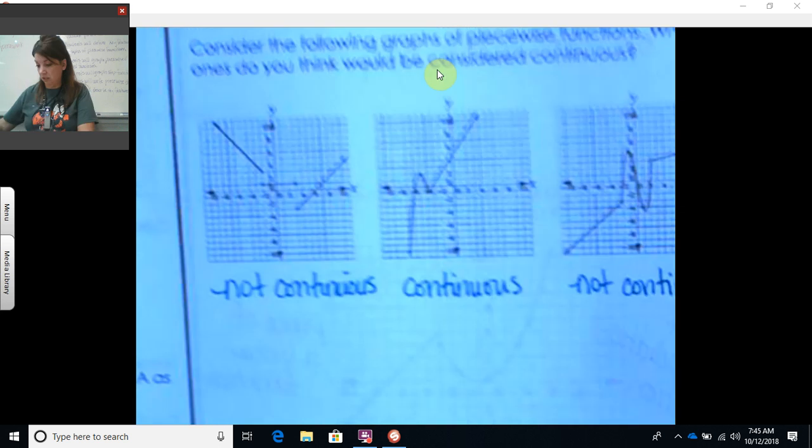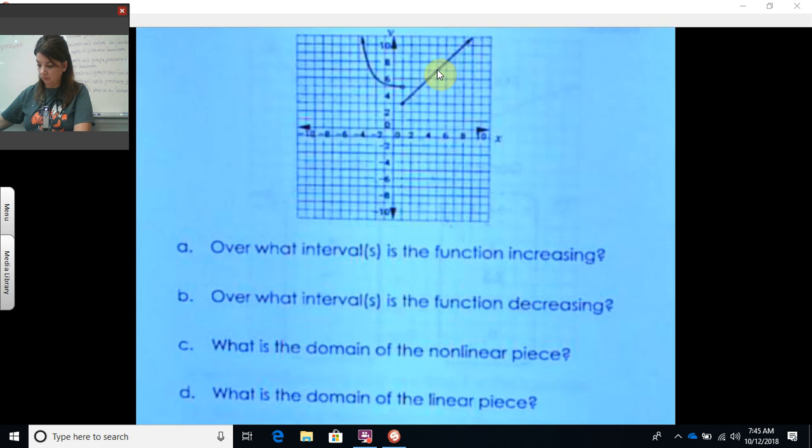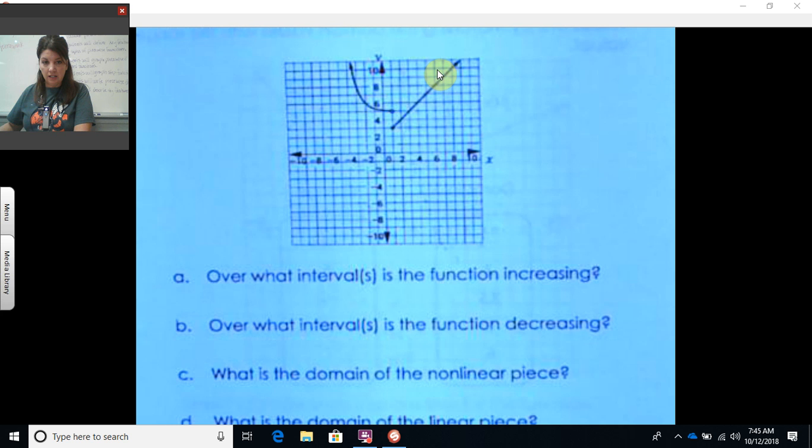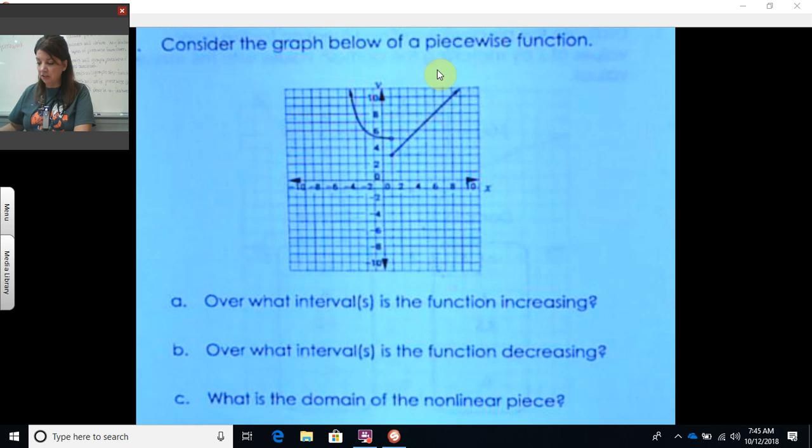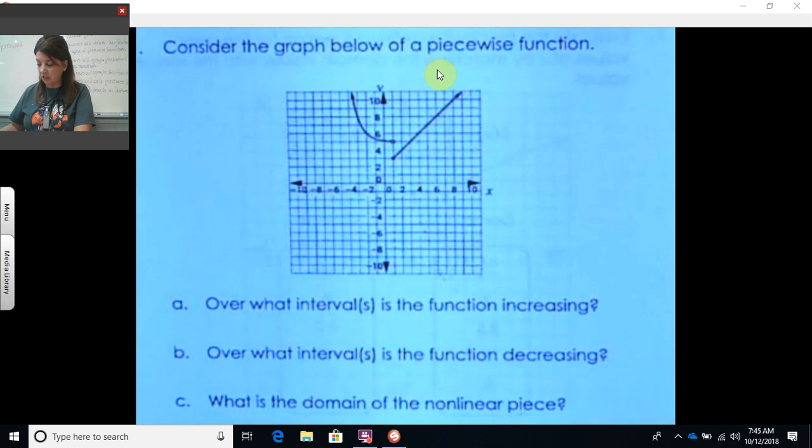All right, page 64. Now you're going to try it. Consider the graph below of a piecewise function. On your work today, you're going to have to do something very similar, so you might want to actually put some effort into it so you know if you get it or not. Answer questions A through G based on that graph.